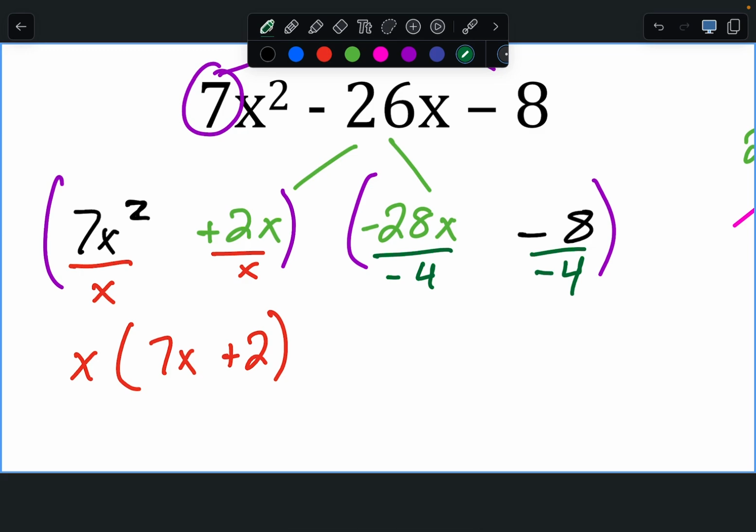So I divide everything here by negative 4. Negative 28x divided by negative 4 is positive 7x. And negative 8 divided by negative 4 is positive 2. Are my parentheses the same? Yes. Sure are.